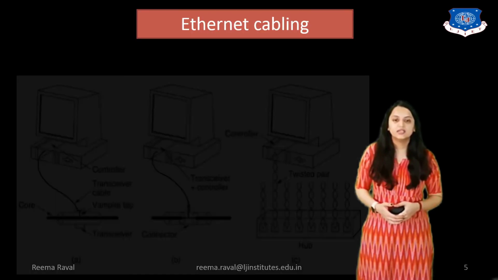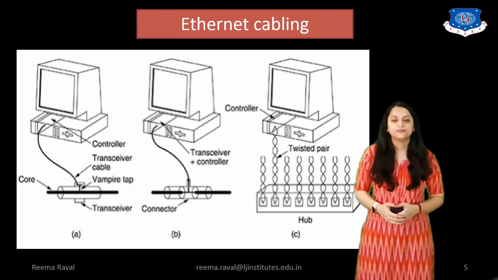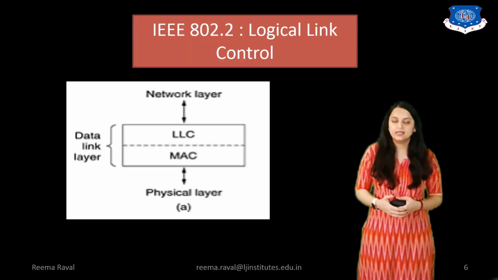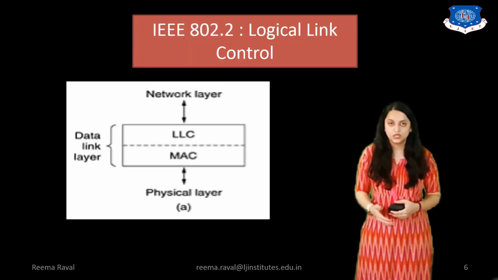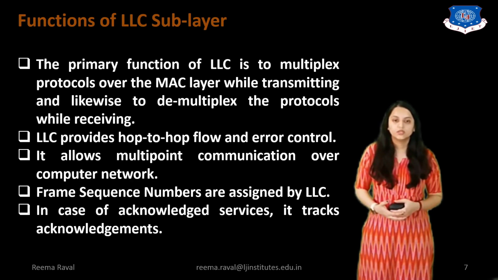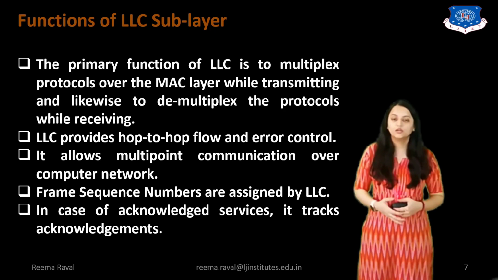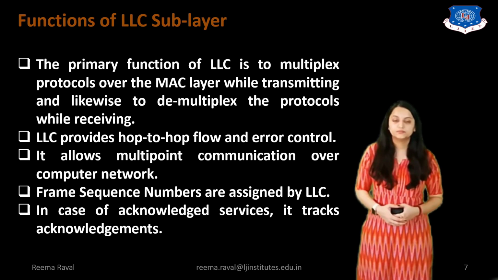And we have seen the diagrams indicating the connection of the Ethernet cable to the computers. Then we have seen the LLC, that is Logical Link Control, its roles and functions. Also, we have seen the particular services which are provided by the LLC. I hope that these two are clear to you now.